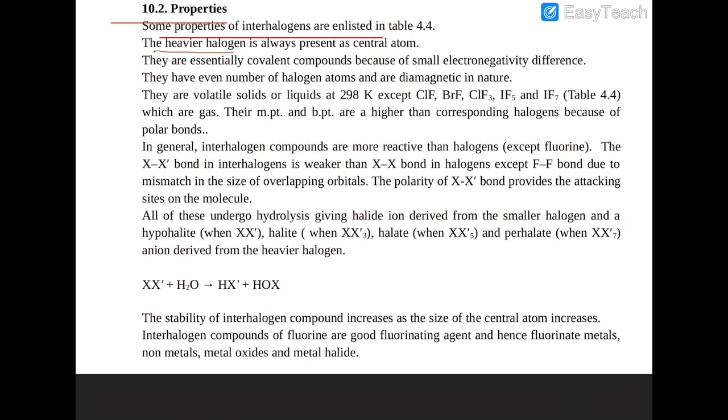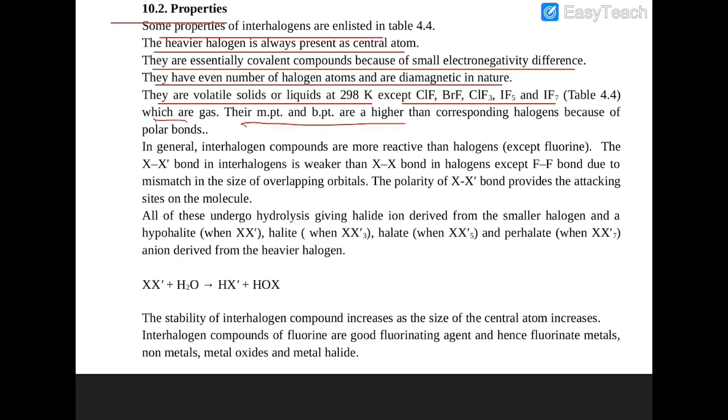The heavier halogens are always present as the central atom. These are essentially covalent solids because of small electronegativity difference. They have an even number of halogen atoms and are diamagnetic in nature. They are volatile solids or liquids at 298 K except ClF, BrF, ClF3, IF and IF7, which are gases.